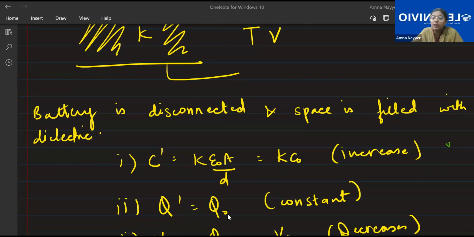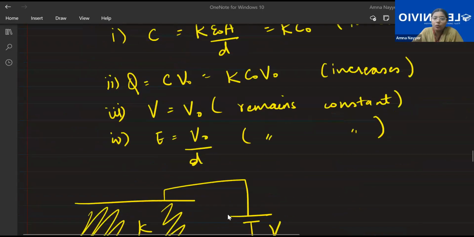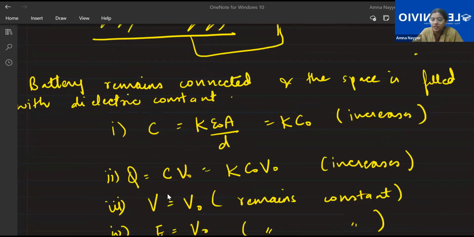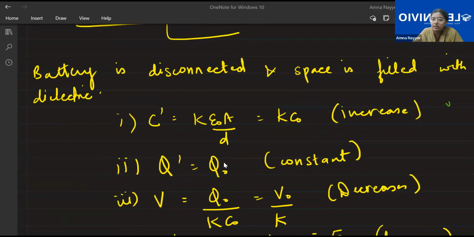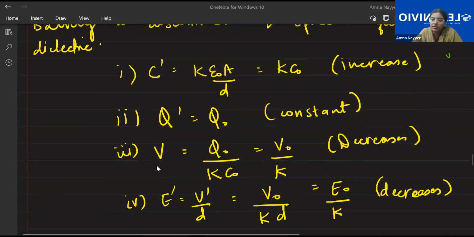What was remaining constant there? The potential. What will remain constant here? The charge. Okay, the charge will remain constant here. It won't increase by K times or anything. Capacitance increases K times in both the cases. Charge remains constant. So potential, it is Q naught divided by K C naught.